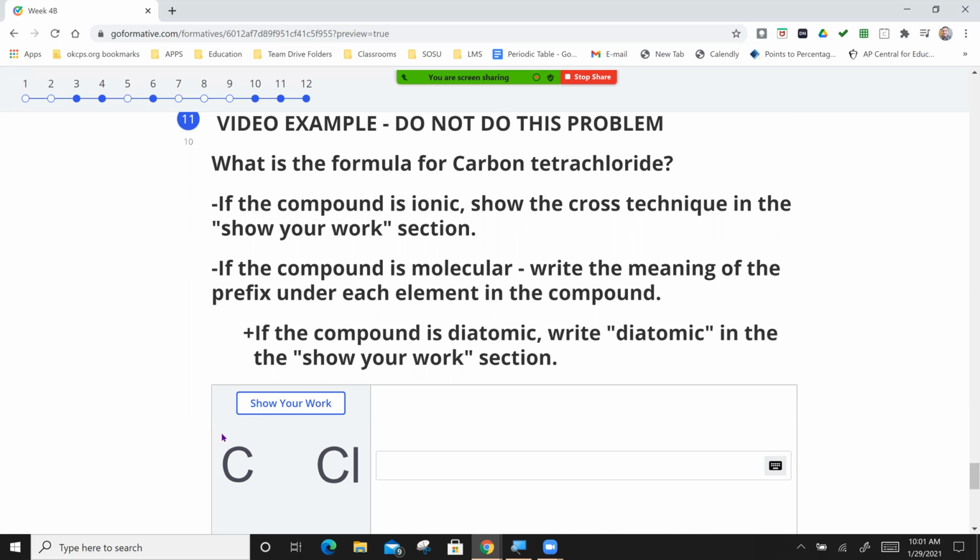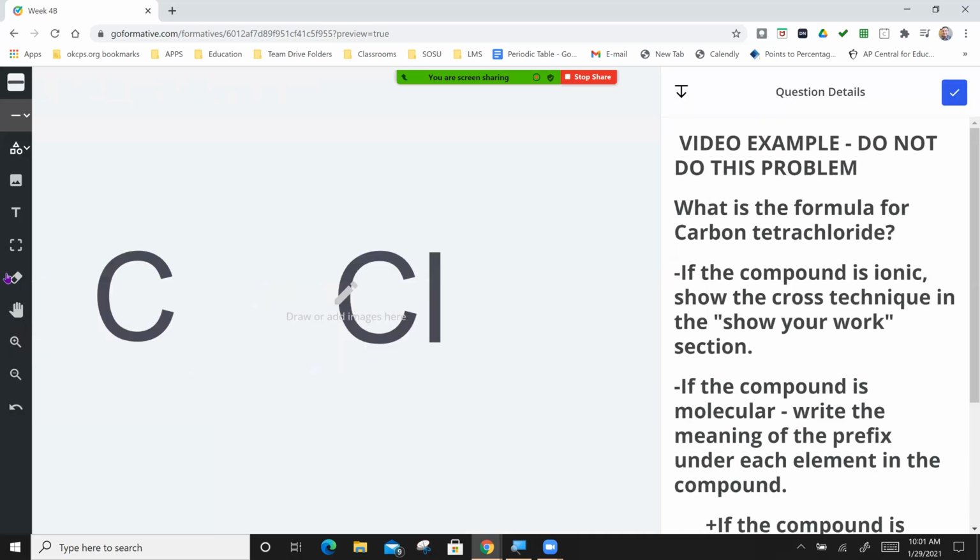So what do you do in the show your work? Because carbon doesn't have a prefix, I want you to put no prefix, and I want you to say equals 1. And chlorine has the prefix tetra. Go look at your chart and find what tetra means, and you'll see that tetra is equal to 4.